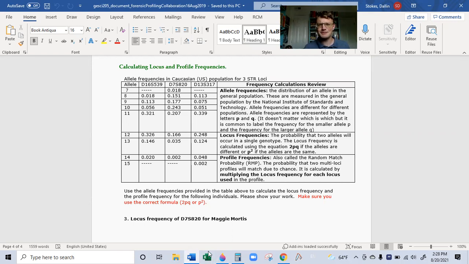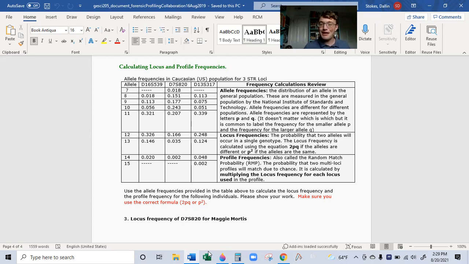And the judge is like, well, what are the odds somebody else has an 11 there? Well, 32% of the population. The judge is like, ha, ha, ha, right? We figured out the odds, but that's not a very convincing argument. It's not specific enough. It's very easy to have an 11 at that spot.